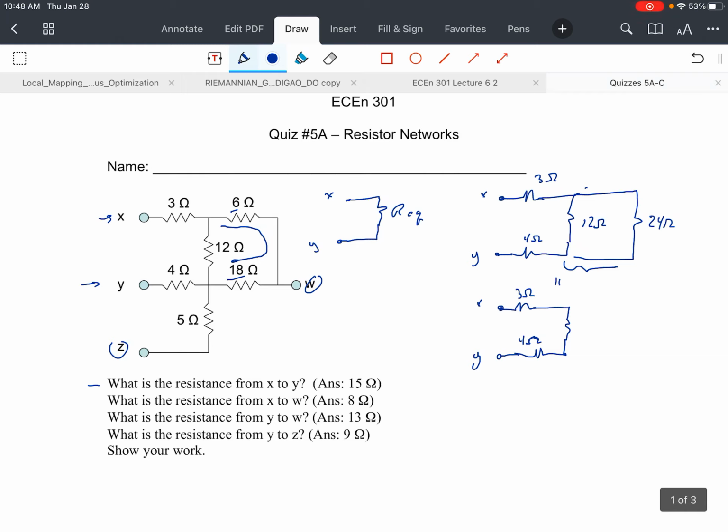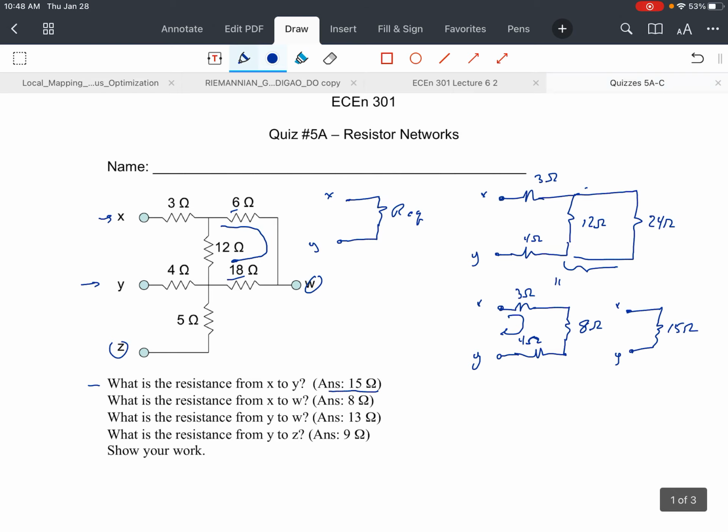Sorry, you can't see what I'm doing. Okay, and I get 8 ohms, and then of course these are all in series, so from X to Y this is equivalent to 8 plus 7, so 15 ohms. And that's the answer here.